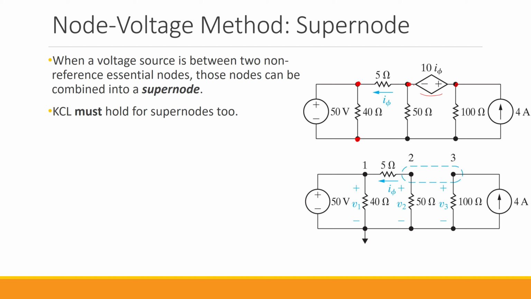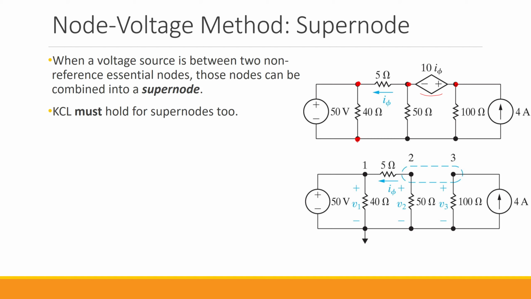How many regular nodes do we have? A regular node was a node that was a point of contact of only 2 elements, right? So we don't have any of those. All of these 4 nodes are essential nodes.